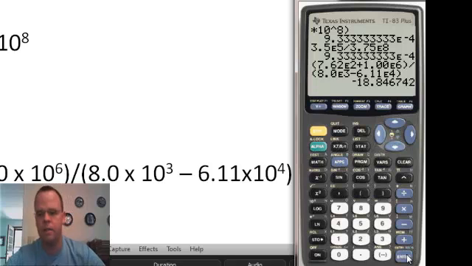We have our answer, negative 18.85. It should be our correct answer for this problem.